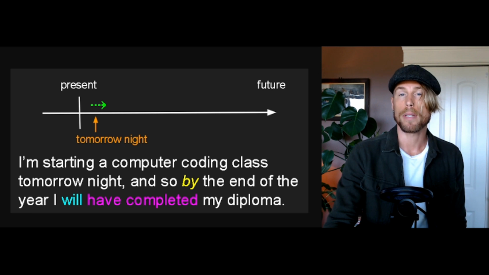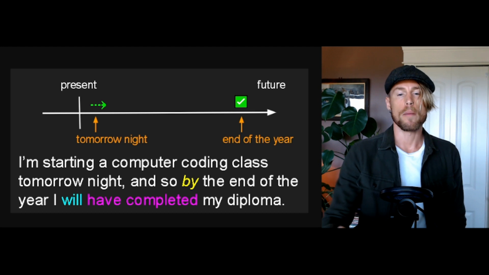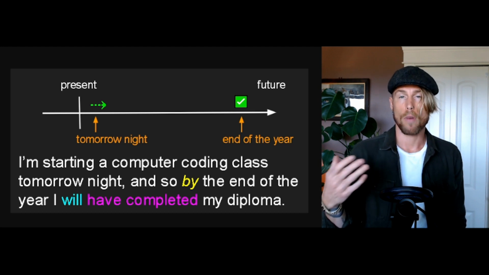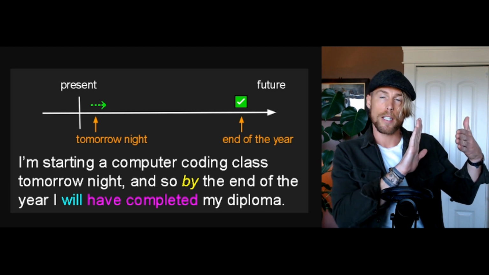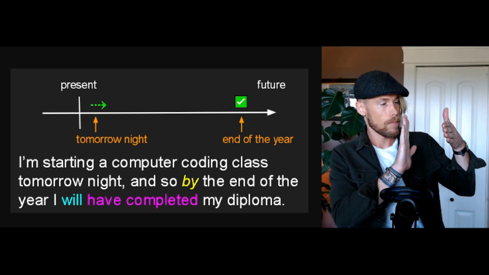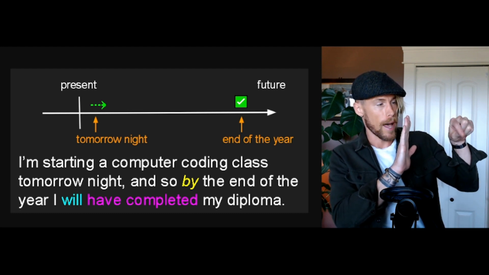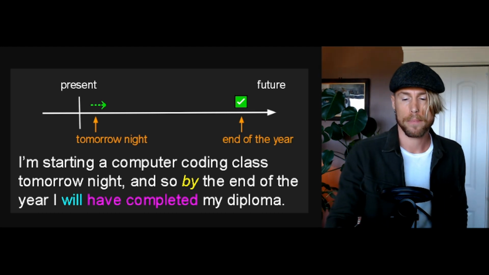You will complete your diploma. So check means you have completed your diploma in the future. So there we go. I'm starting a computer coding class tomorrow night, and by the end of the year, I will have completed my diploma. So tomorrow night, end of the year, you look back, you imagine looking back from this time and doing that.